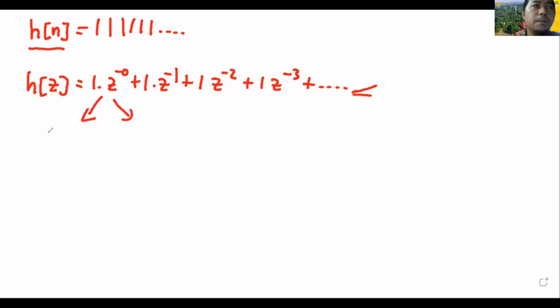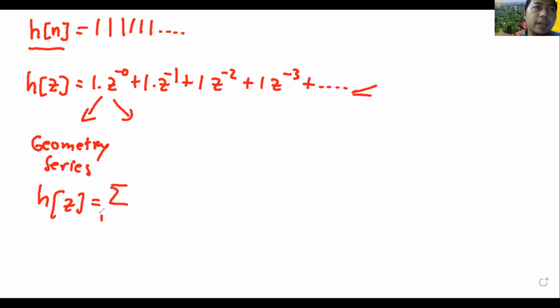First, using the geometric series. How do we express this one? We can write it in a more compact way.